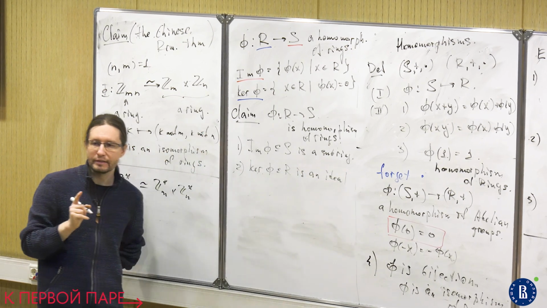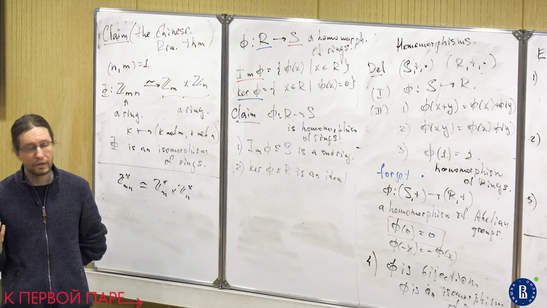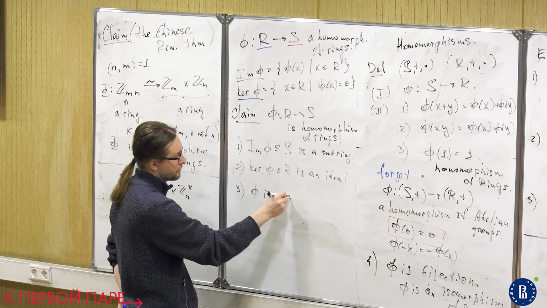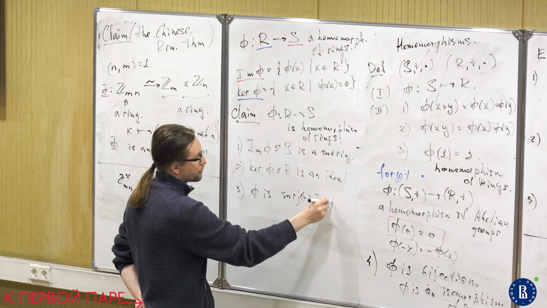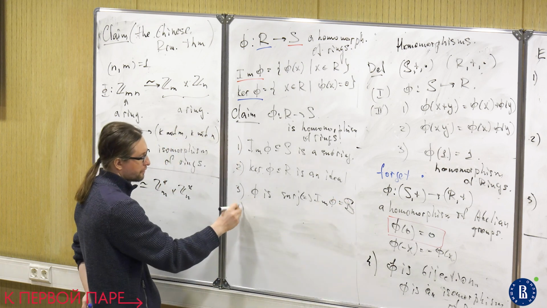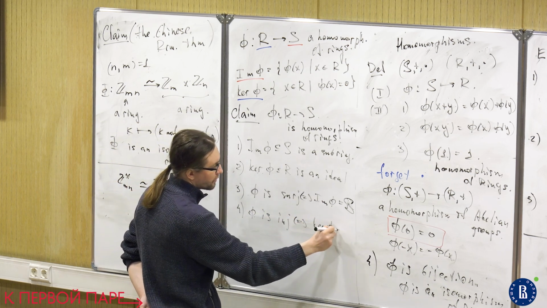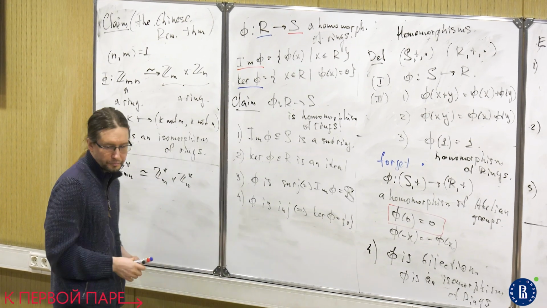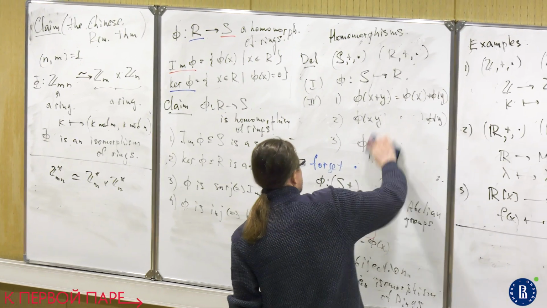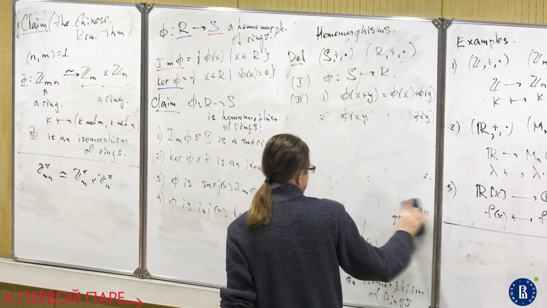And this is the reason why we need ideals and subrings, because the image is an example of a subring and the kernel is an example of an ideal. And this is a very important example. Third, phi is surjective if and only if the image of phi coincides with S, and phi is injective if and only if the kernel of phi consists of the zero element only. So this claim describes the structure of the image and the kernel of an arbitrary homomorphism.